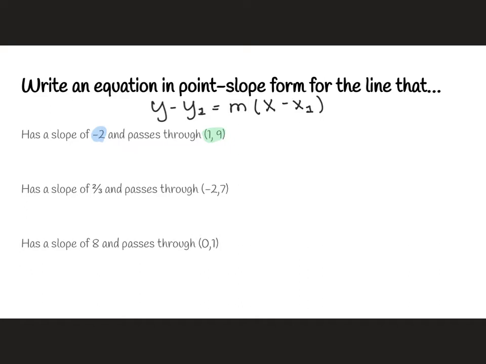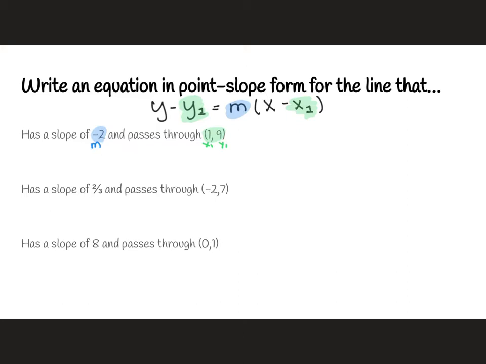So this -2 is my m, and then I've got x1 and y1. And now all we have to do is fill in the missing pieces. We've got m, and we've got y1 and x1. And we have all those pieces, and now all you have to do is substitute, and that is your answer.